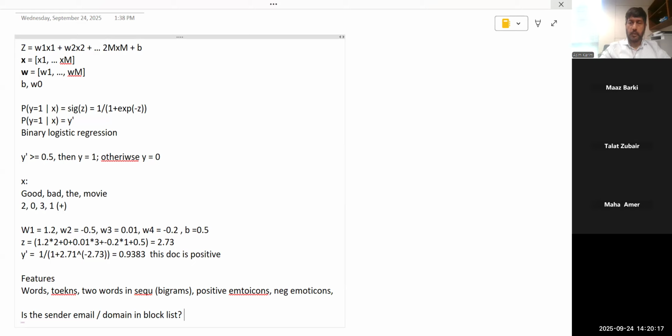So given a model that has already been learned, meaning that you know all the W's, you know the B, given a new X, you can make a prediction for that X. In this particular example, prediction for class 1 is 0.93, which is a very high probability. So it means that this is with a higher degree of certainty, this example belongs to a positive class. Okay?